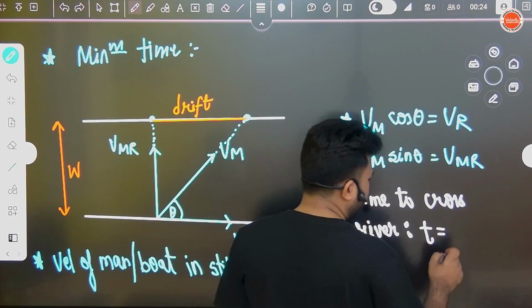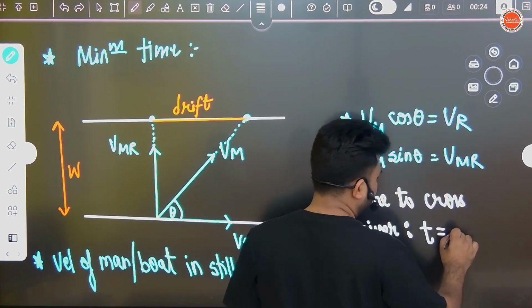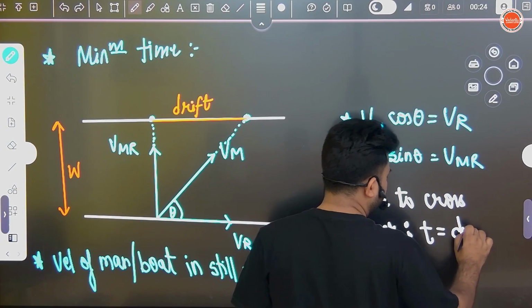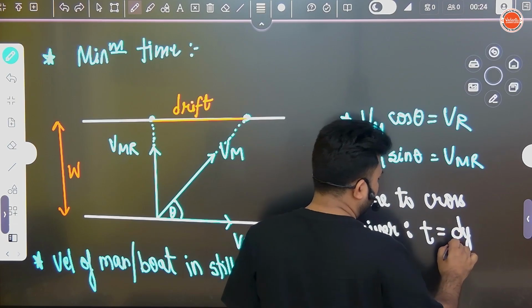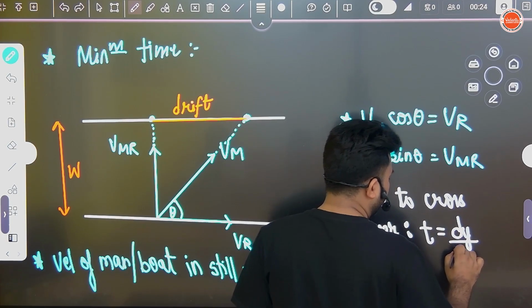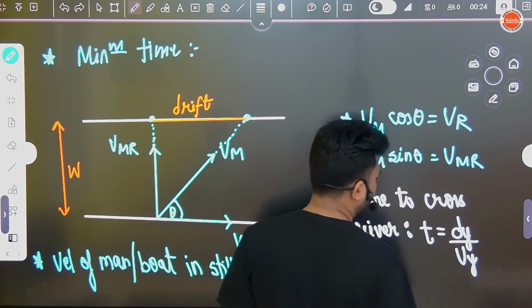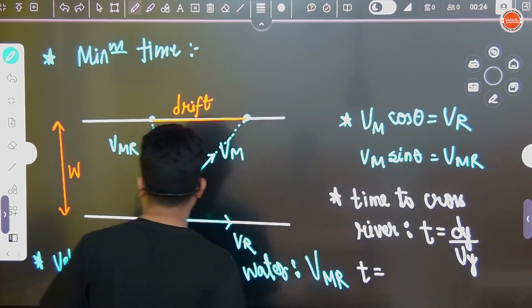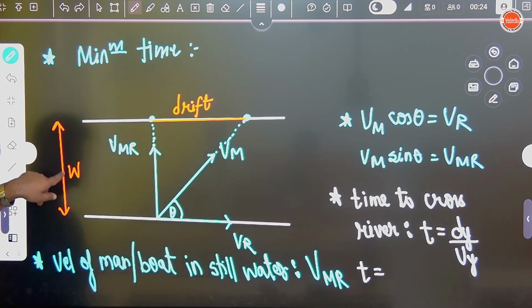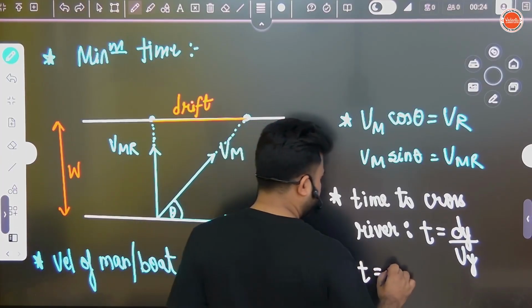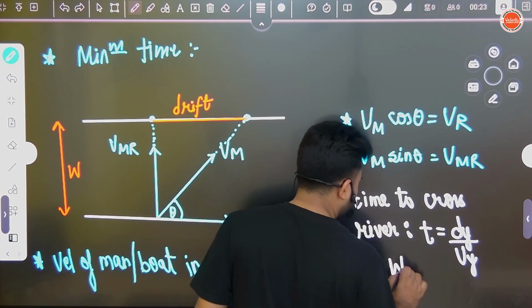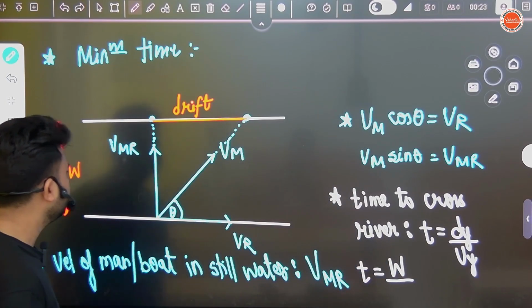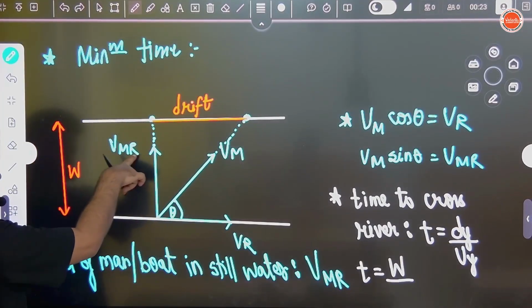Because we are concerned with the y direction, time equals the distance in y direction divided by the speed in y direction. How much distance does it have to cover in y direction? W, the width of the river. In y direction, what is the speed? VMR.